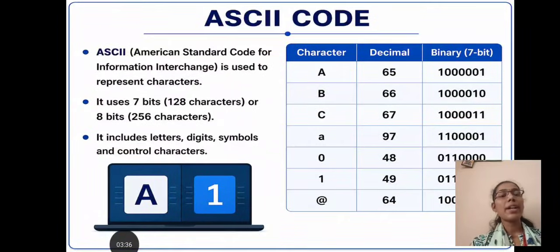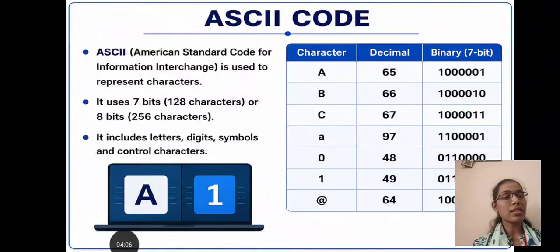And last, American Standard Code for Information Interchange, shortly known as ASCII code. It is used to represent characters, and each character is assigned a numerical value that can be represented in binary. It is widely used in computers and communication systems. It represents letters, numbers and special characters, and it uses 7 bits for 128 characters, or 8 bits for 256 characters.